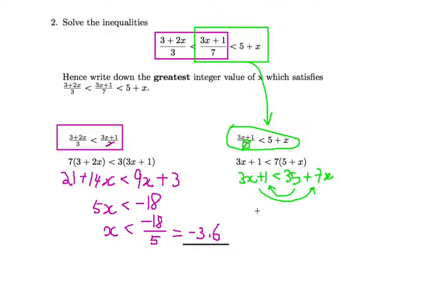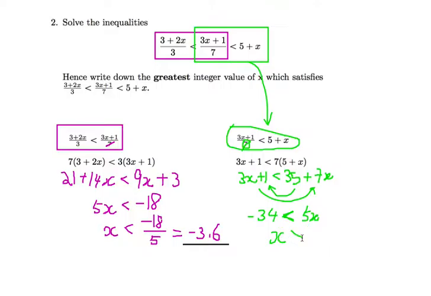And then we bring 3 over, and then we bring 35 over. So you should be able to get 1 minus 35 is minus 34. And then 7 minus 3 is 5x. So this is quite simple. As you can see, 5x is bigger than minus 34.